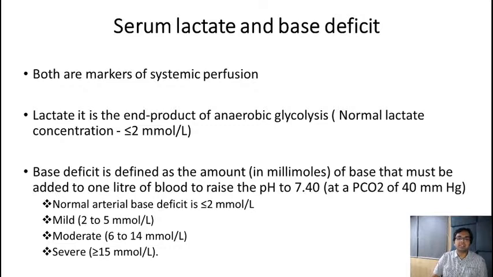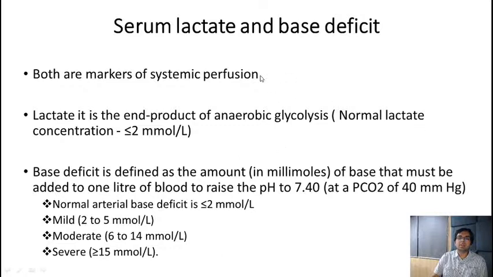Base deficit is defined as the amount in millimoles of base that must be added to 1 liter of blood to raise the pH to 7.4 at a PCO2 of 40 millimeter of mercury. The normal arterial base deficit is again less than 2 millimole per liter, and it has been graded into mild, moderate and severe. 2 to 5 millimole per liter is categorized as mild base deficit, moderate base deficit is 6 to 14 millimole per liter, and severe base deficit is more than 15 millimole per liter.